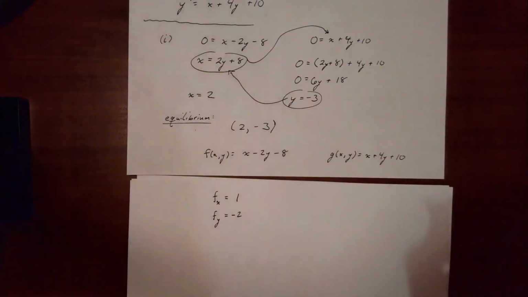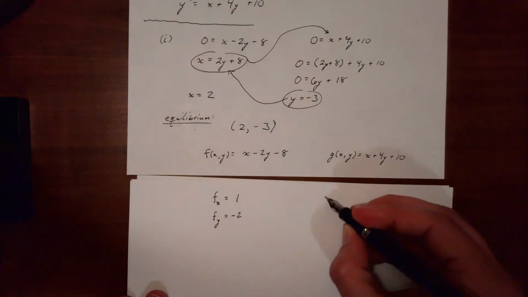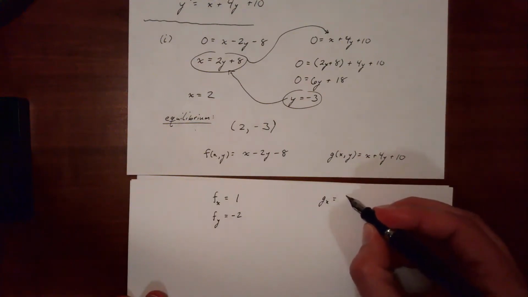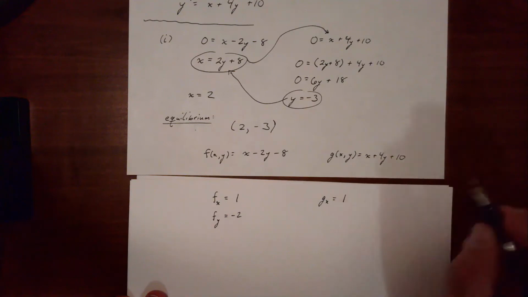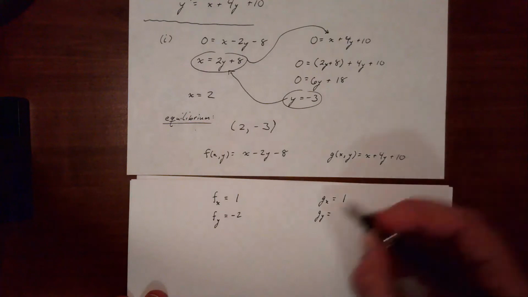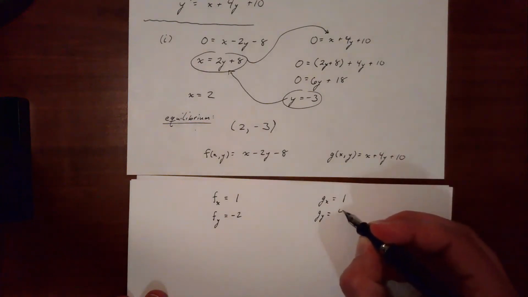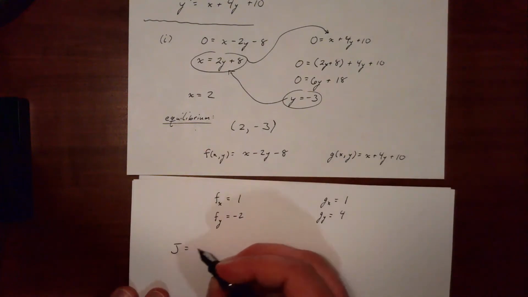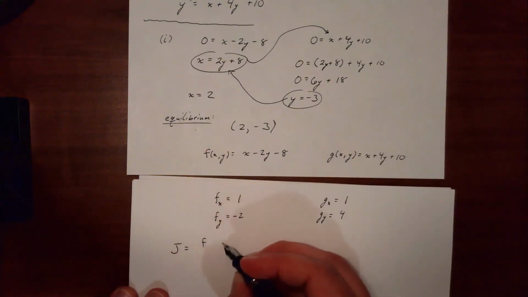It's not a coincidence that in this almost linear system the fx and fy match the coefficients of the x and the y. gx equals 1 plus 0 plus 0, and gy equals 0 plus 4 plus 0. So then J, remember, is f_x f_y, g_x g_y.